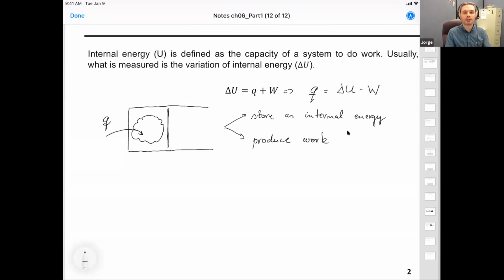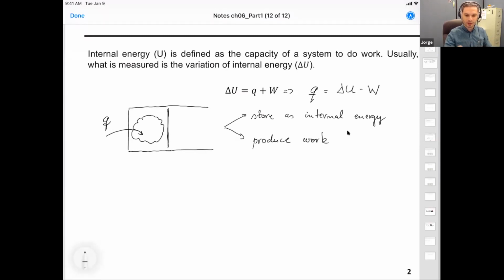And that's what the first law of thermodynamics states. Any amount of heat provided to a gas or a chemical compound is going to be transformed into internal energy and/or produce work.